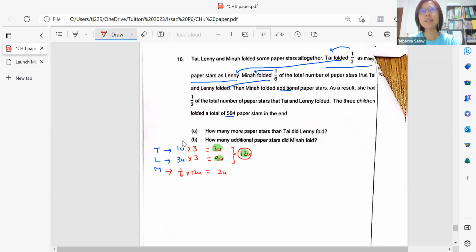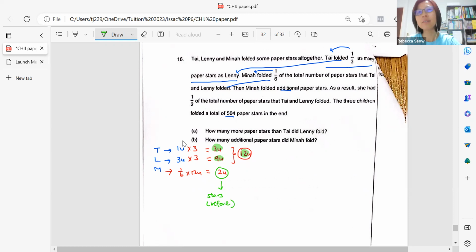Okay, as a result, before that, Mina folded additional paper stars after she had done the 2 units of it. And as a result, she had half the total number of paper stars that Ty and Lenny folded. So if I were to add on, these 2 units would be the number of stars before.